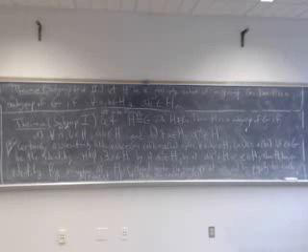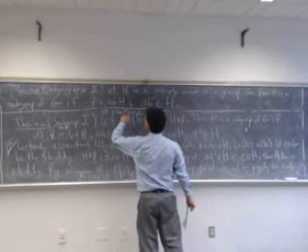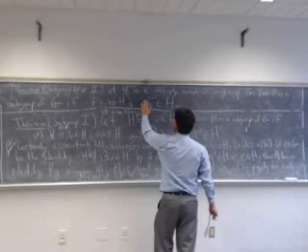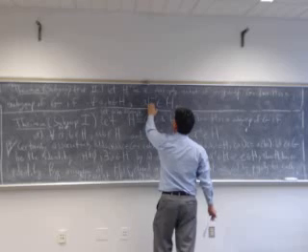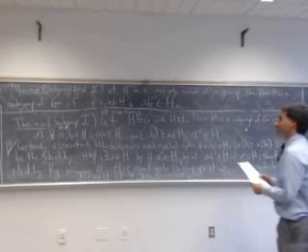Even though you don't just have to show one thing, you also have to have a non-empty subset. But if you have a non-empty subset of a group G, then all you have to show is that for any two elements in H, the product of an element in H times the inverse of the second element in H is in H. That's enough to show you have a subgroup.